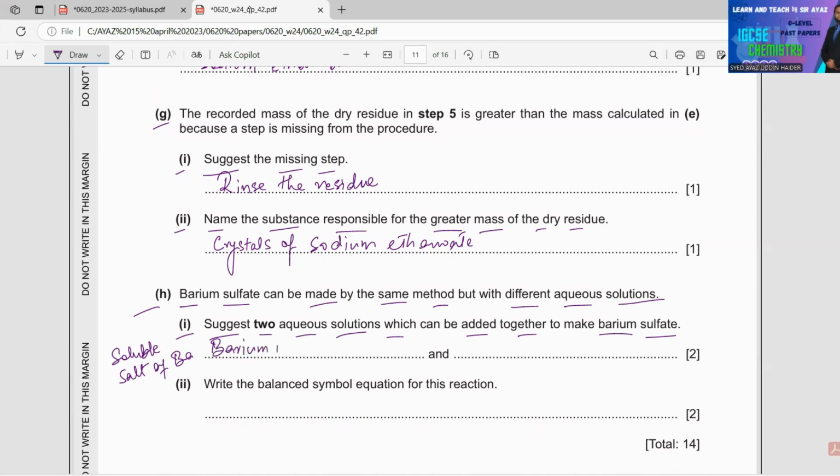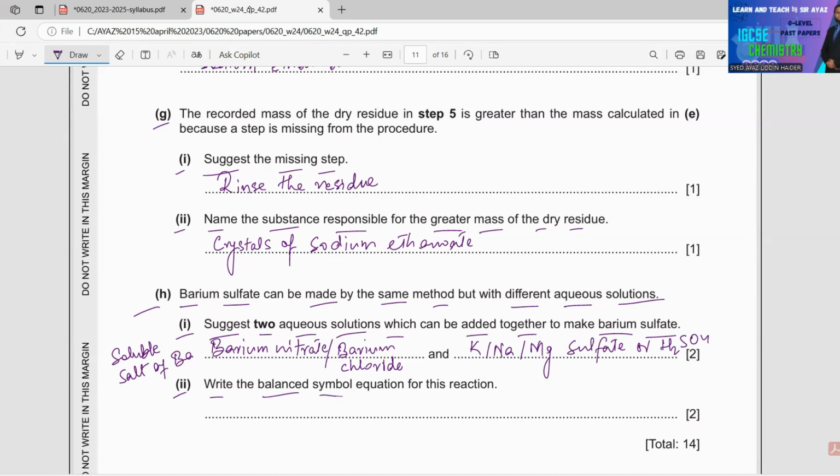Next, for the sulfate, you also have to take a soluble salt of sulfate. You can take potassium, sodium, or magnesium sulfate, or you can even react it with sulfuric acid, H2SO4.